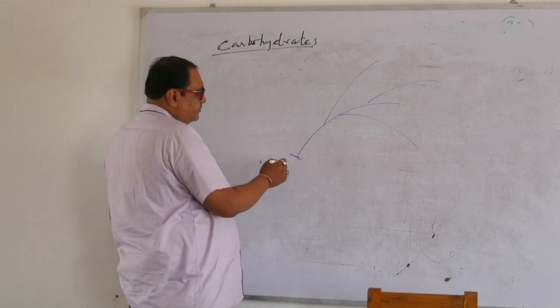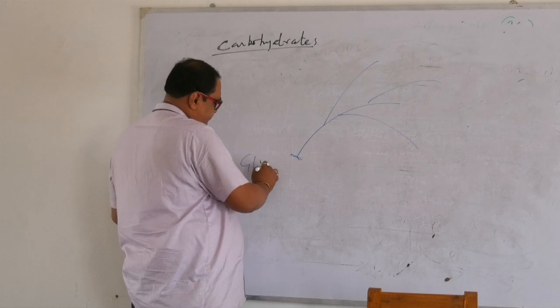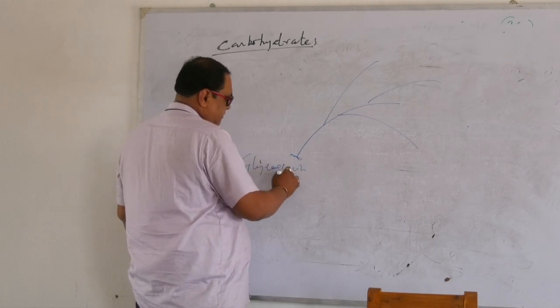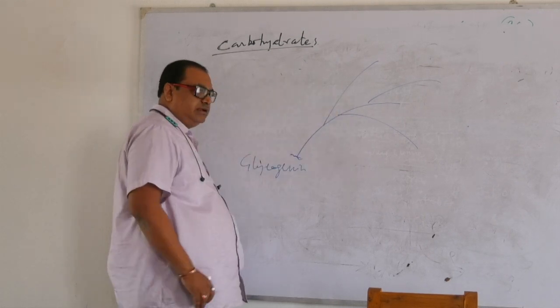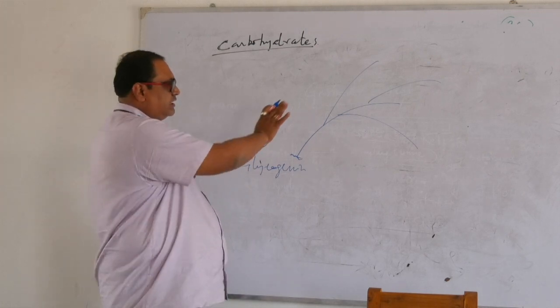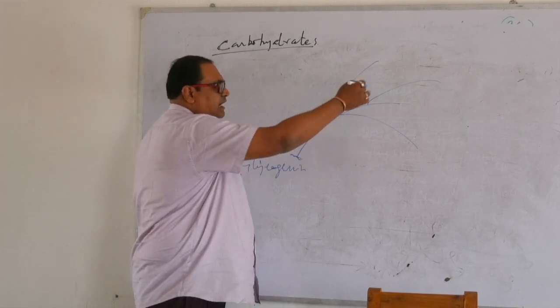This is a protein to which the glycogen strand, the glucose chain, has been added. And it is highly branched.